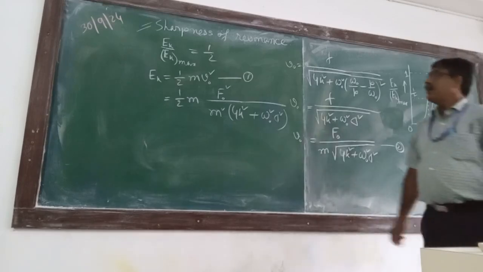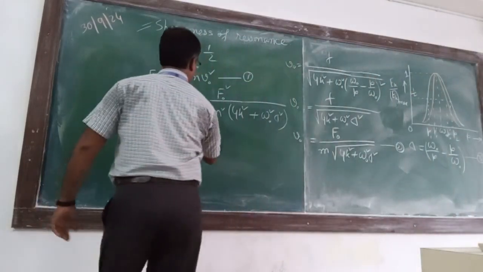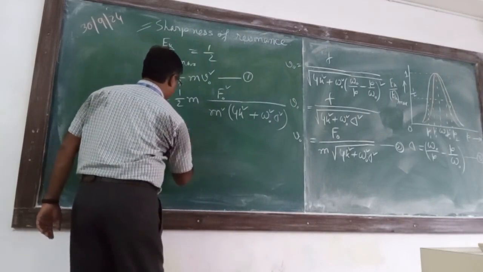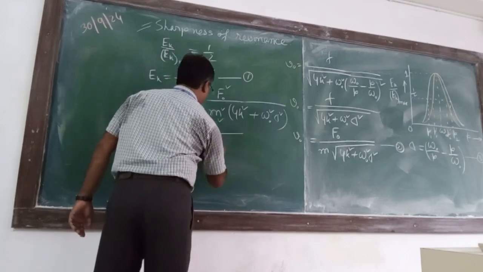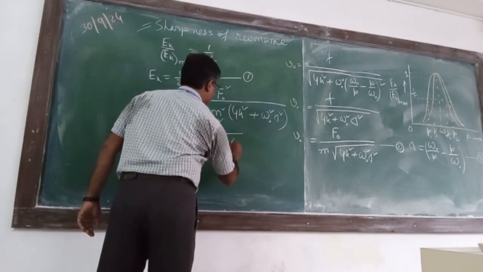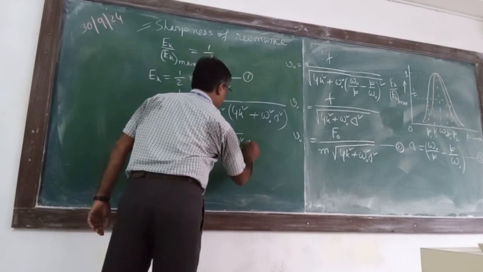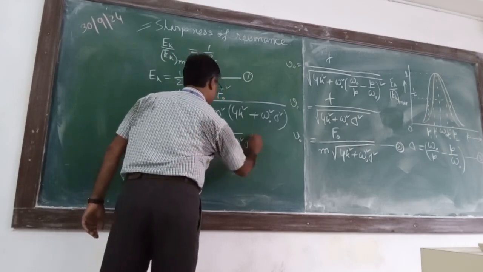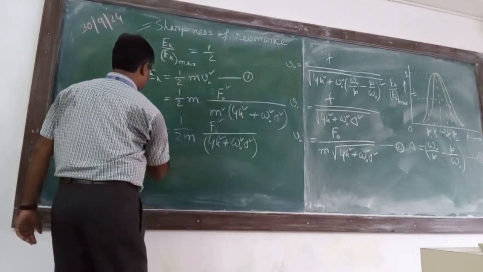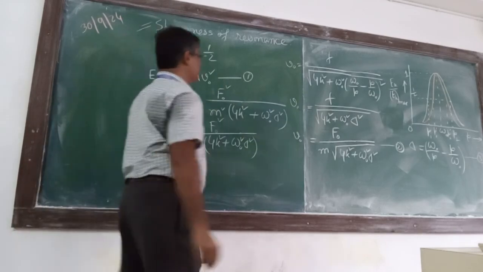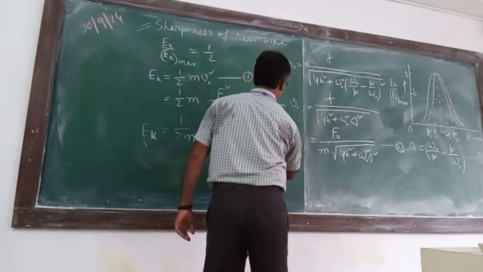Okay. Now m cancel. So this is equals to 1 by 2m F naught square by 4k square plus omega naught square del square. This is the Ek, kinetic energy. Equation number 4.